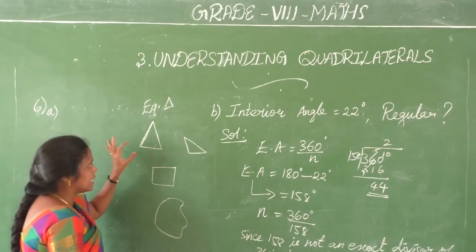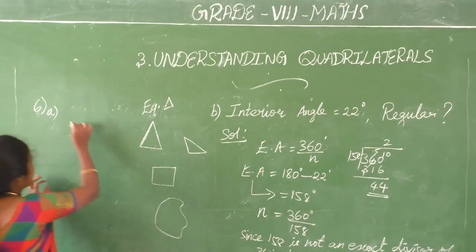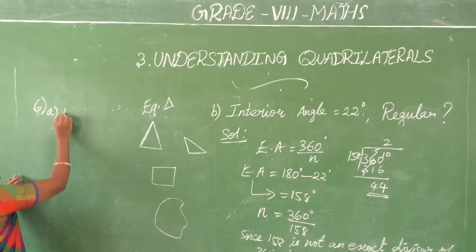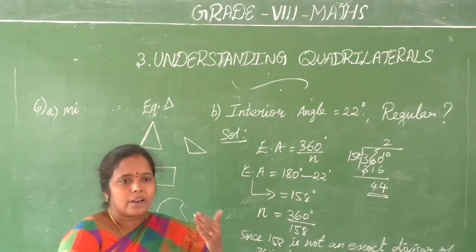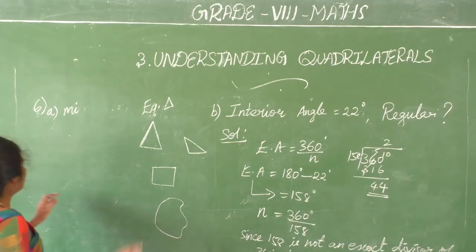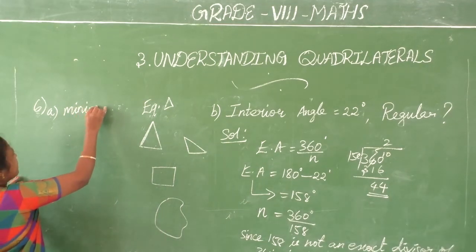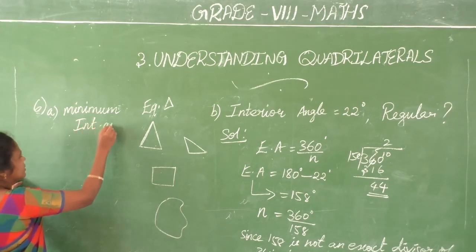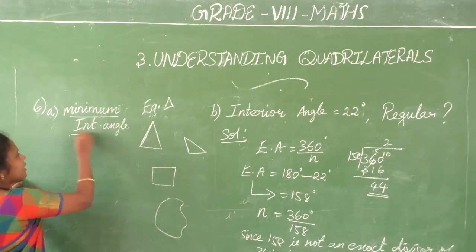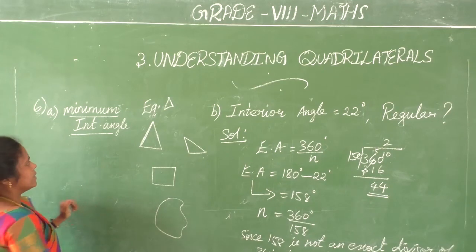Clear? Why am I telling this again? They ask the question, what is the condition for having the minimum interior angle of a polygon? So the minimum interior angle of a regular polygon is dash.